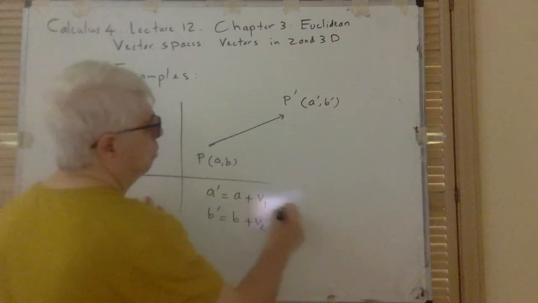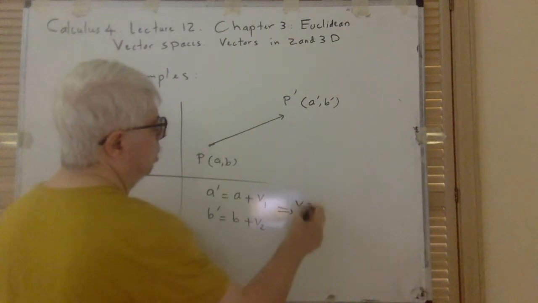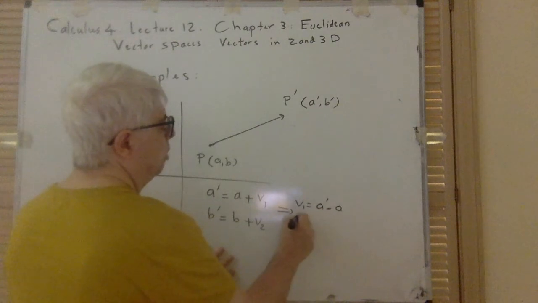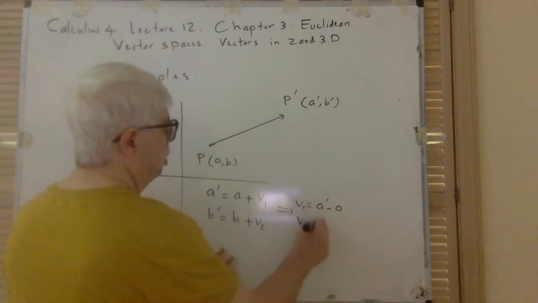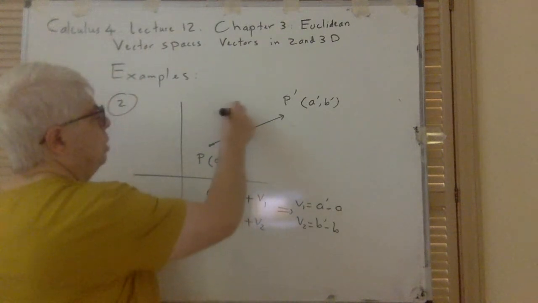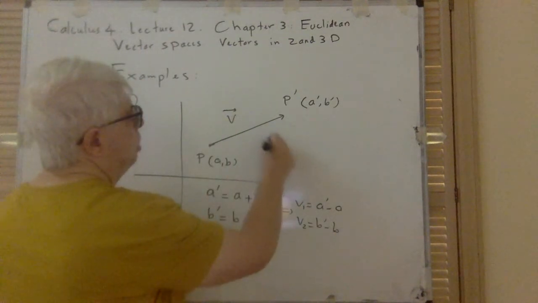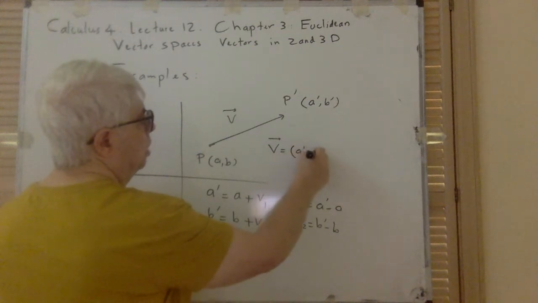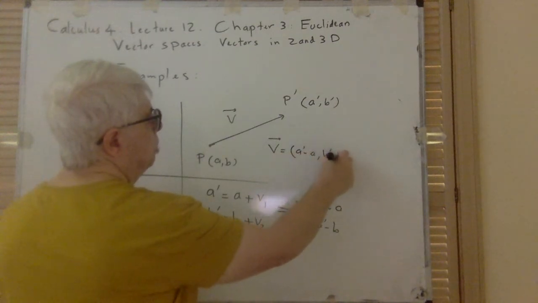So B1 is in fact A prime minus A, and B2 is B prime minus B.